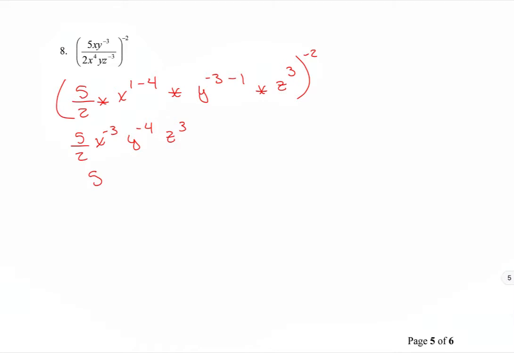So that's 5z cubed over 2x cubed y to the 4th, all raised to the negative 2.